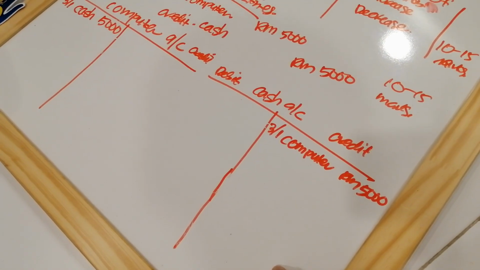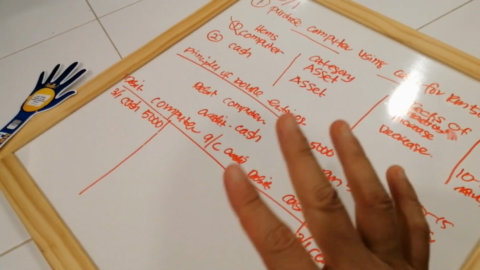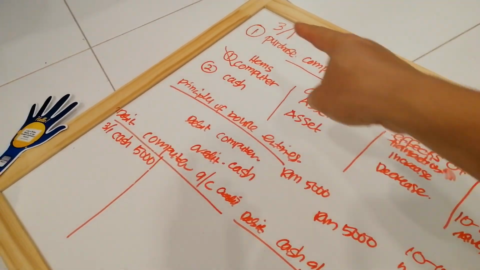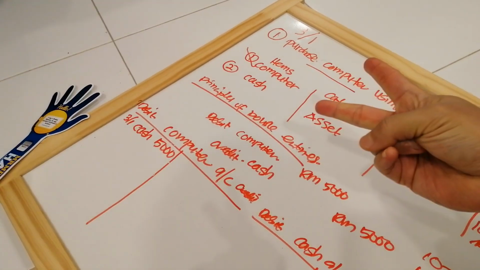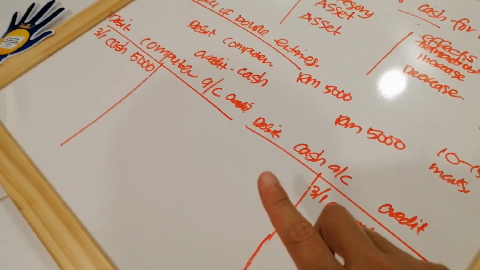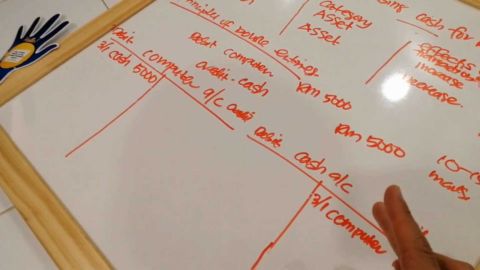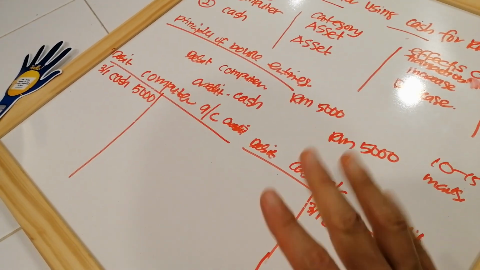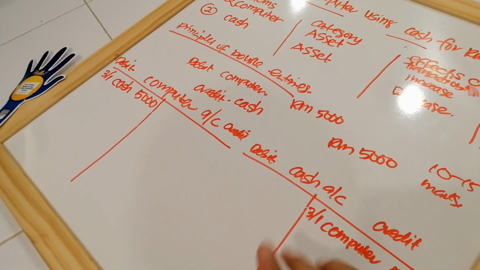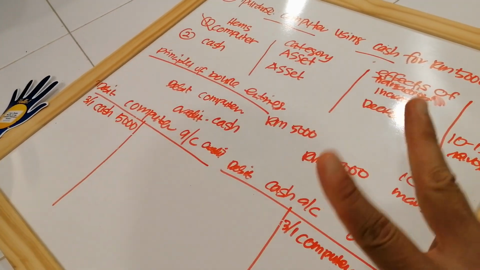Computer account, cash account, for example. Okay, some student they ask me, let's say the second transaction, ini baru first to number 1, the second transaction, also using cash. Okay, so, is it we need to open another cash account? No need, tak perlu. If the cash account dah wujud, exists already, you don't have to prepare second cash account.